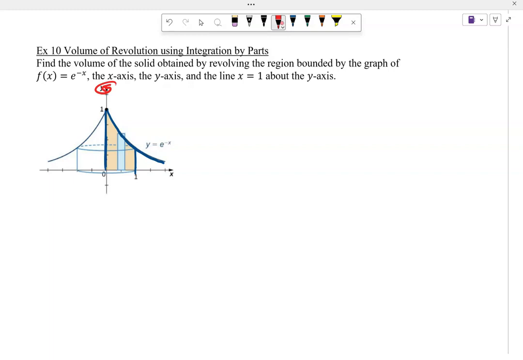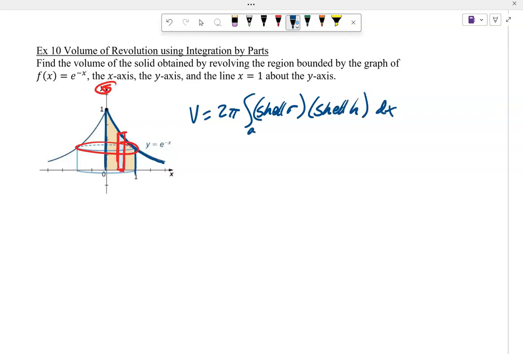The best option here would be the shell method, the cylindrical shell. So we'll slice this thing parallel to that y-axis, and we'll spin it as I've tried to show here, right? We spin in all those shells. If you remember, our shell method is 2 pi times shell radius times shell height from a to b.